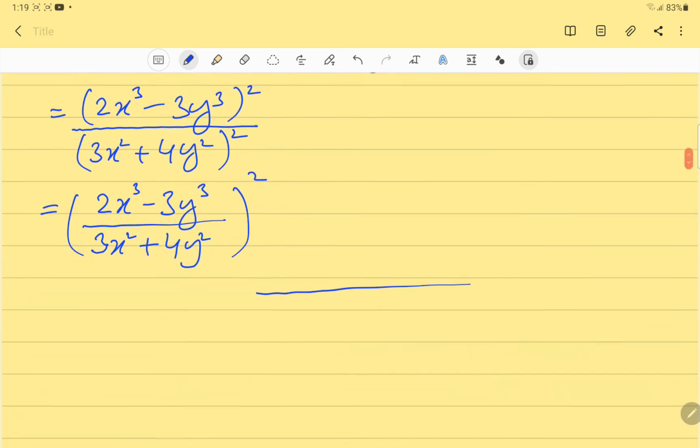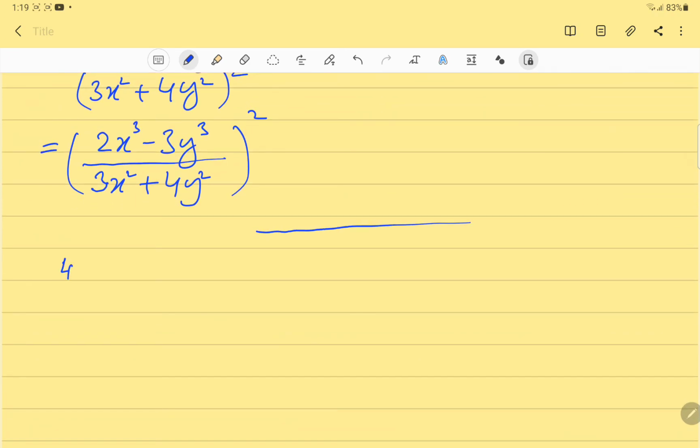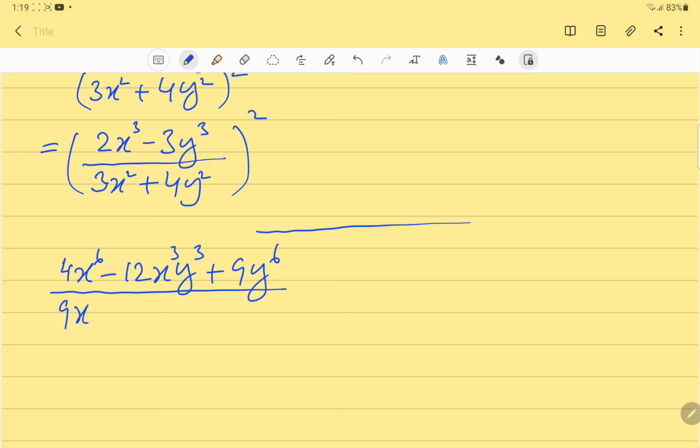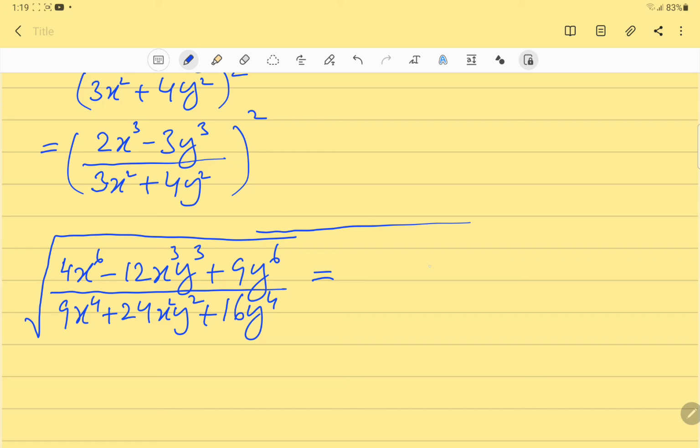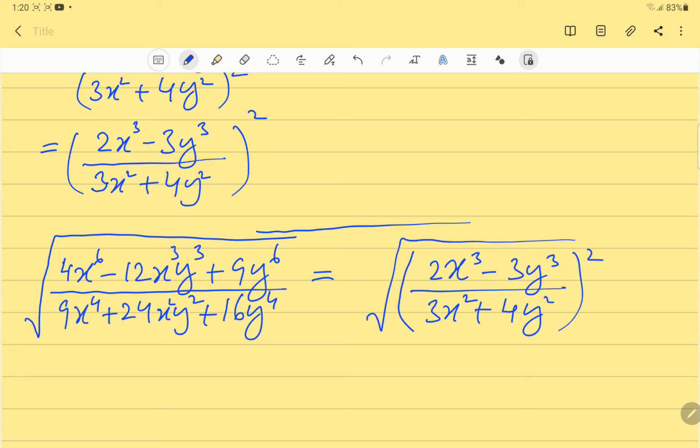Now let us write the square root of the given expression. Our given expression is 4x^6 minus 12x cubed y cubed plus 9y raised to power 6 over 9x^4 plus 24x squared y squared plus 16y raised to power 4, which equals (2x cubed minus 3y cubed over 3x squared plus 4y squared) whole squared, square root, and then plus minus.